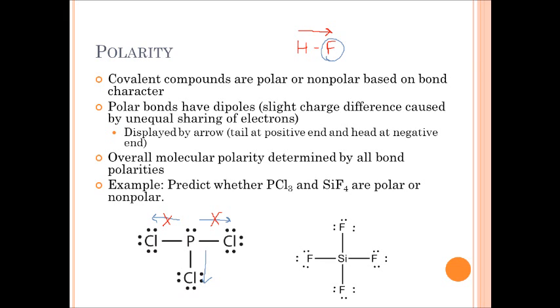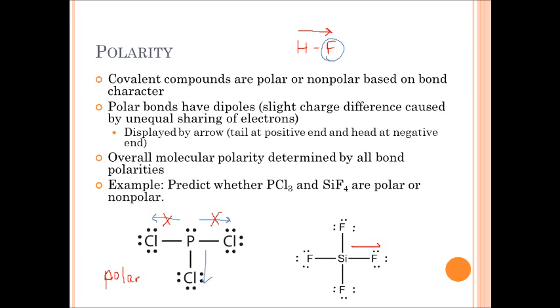However, we are going to have one that's still pointing down, so PCl3 is considered polar because it has a bond dipole still remaining.